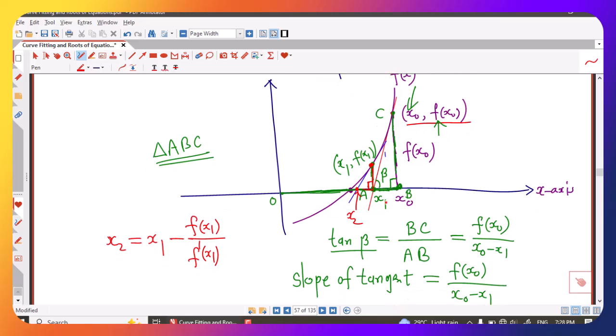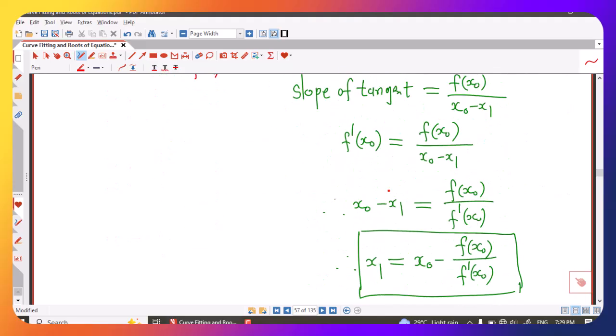So we can see, first we start with x0, then we draw the tangent to the curve at this point x0 comma f of x0, and we find the point at which this tangent intersects with x-axis, and that point is denoted by x1, and using this formula we find out value of x1.